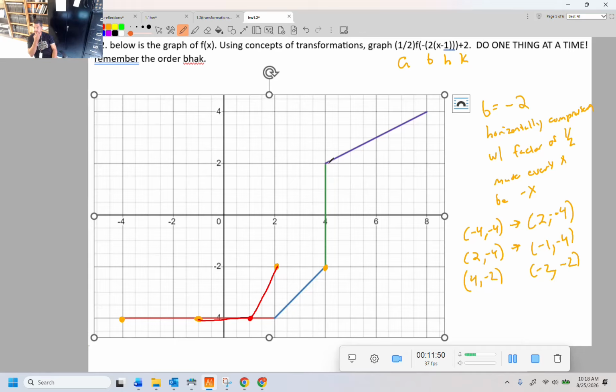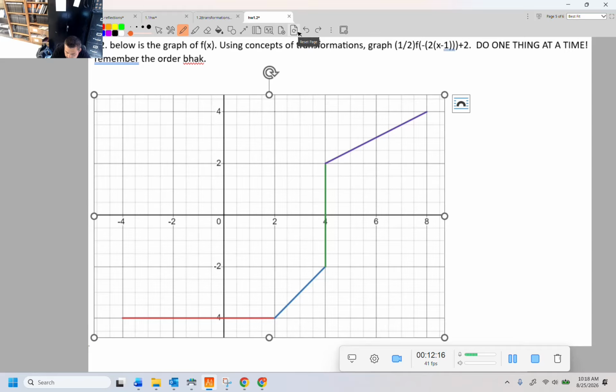Now, this point up here exists at 4, 2. You do your little transformation. I'm just gonna stop. I'm gonna restart this problem and go back and delete here. I have messed this thing all up. I'm sorry, but it's trashed.